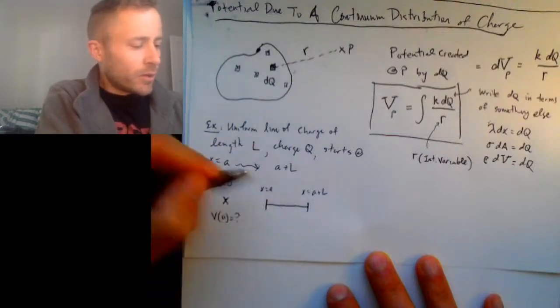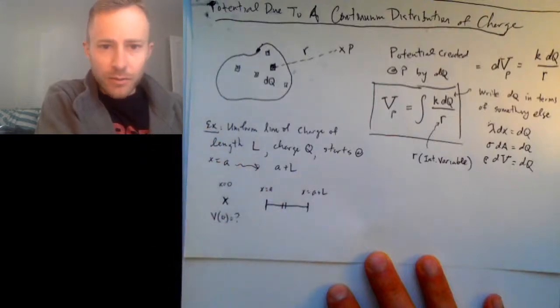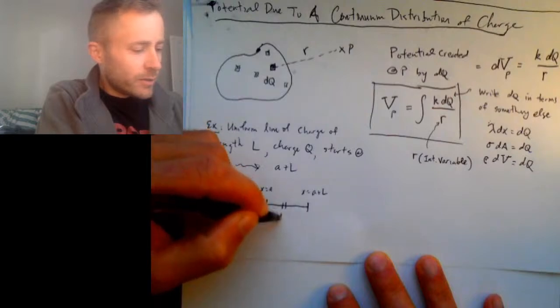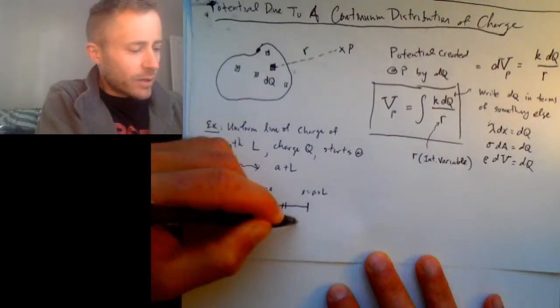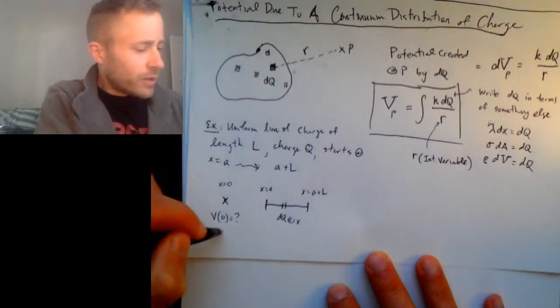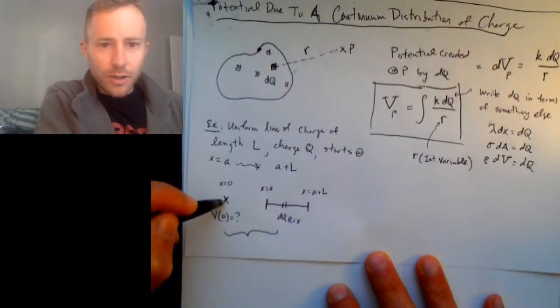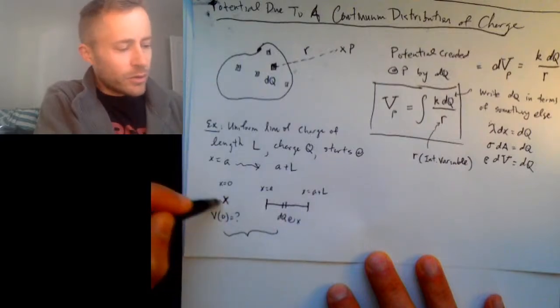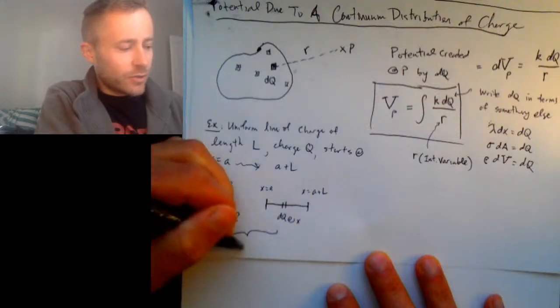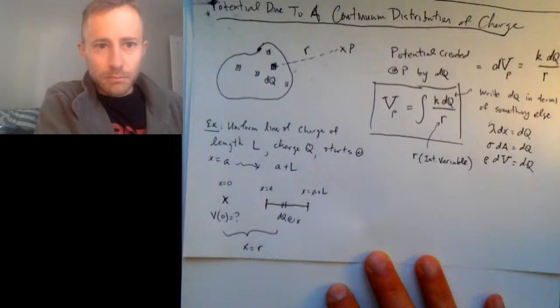And so what we want to do is consider a little itty-bitty piece of charge, dq, at coordinate x. Because we're measuring the electric potential at the origin, the distance between the origin and x is just x. So R equals x.